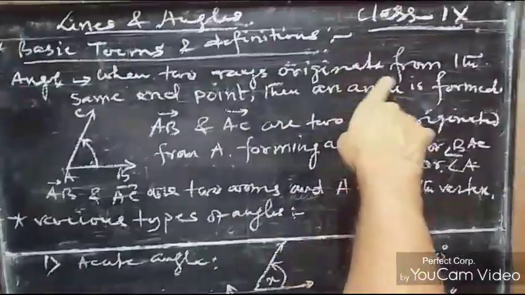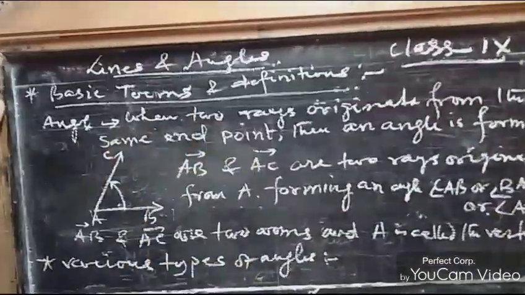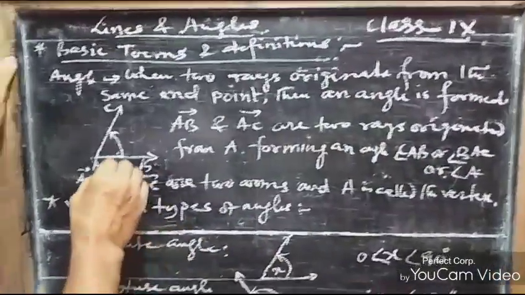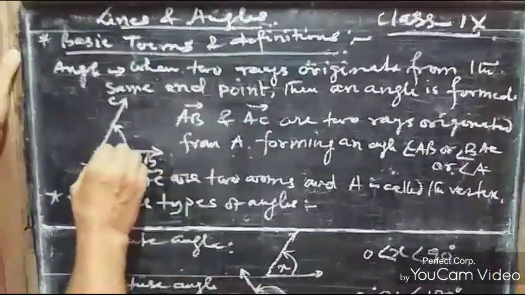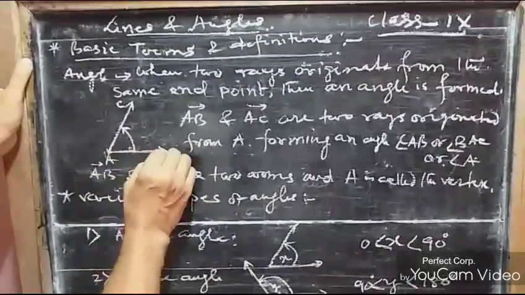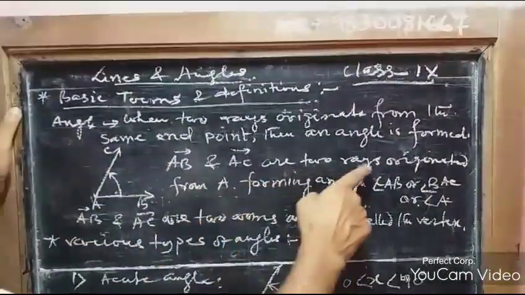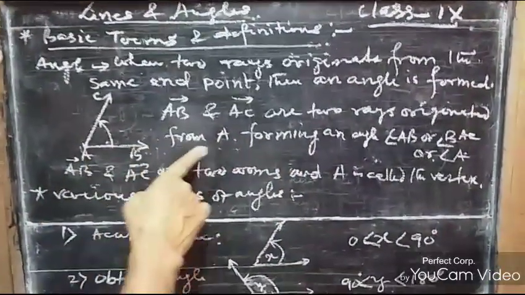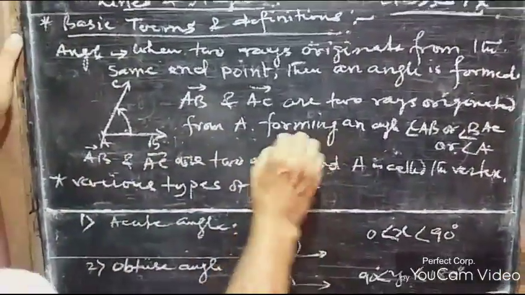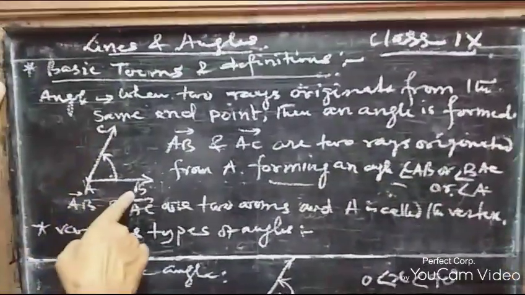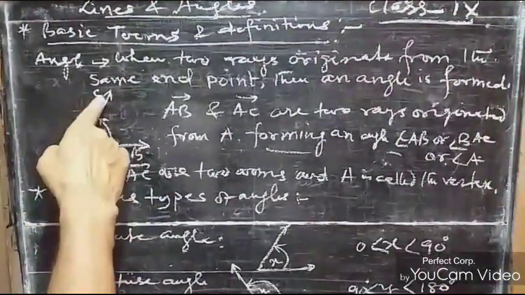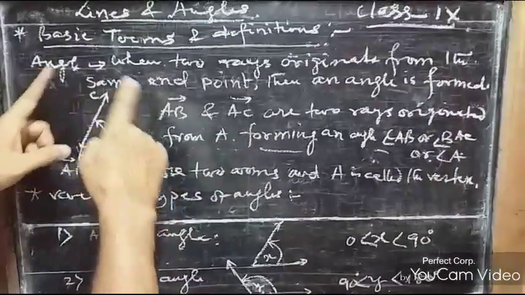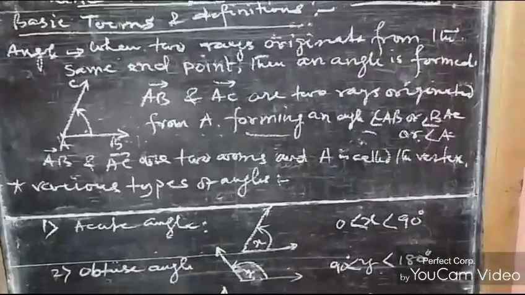When two rays originate from the same end point, then an angle is formed. You know what a ray is? One fixed point, another not fixed point, is called a ray. That is, AB and AC are two rays originated from A. So forming an angle, we call it angle CAB, or you can just say BAC, or sometimes angle A. So you can define an angle like this.